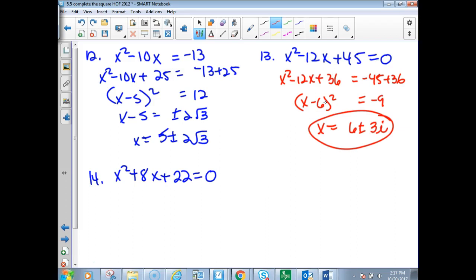Okay then, what do we want to talk about here? Square root of negative 9 is 3i. That's page 280, the lesson no one did. Because the square root of a negative has an i.